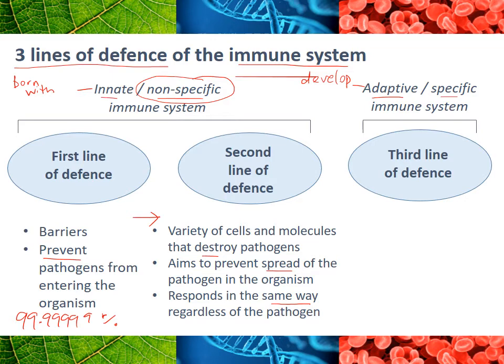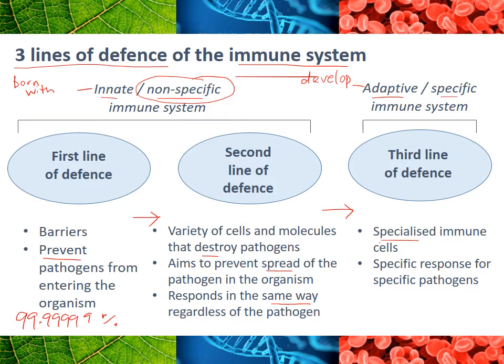Okay, and then we have the third line of defense, which really is kind of the ramped up version that is required to fully destroy the pathogen. So while the second line of defense is to kind of stop it spreading and getting worse, you still need that third line of defense to actually destroy the pathogens completely. This involves specialized immune cells.